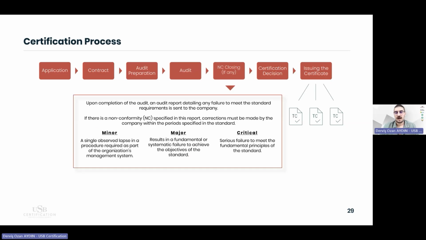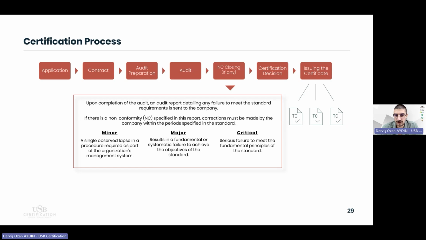So about audits and the findings of the audits. After the audit is completed, the audit report has to be shared with the company, and this audit report details any failure to meet the standard by the companies.